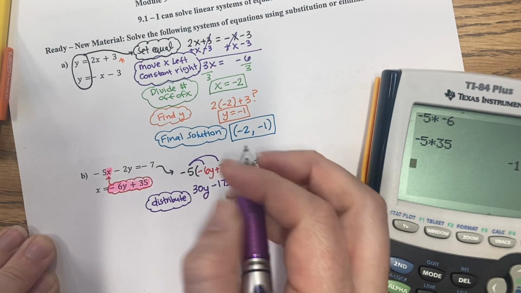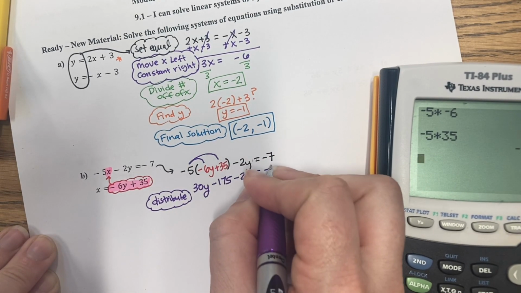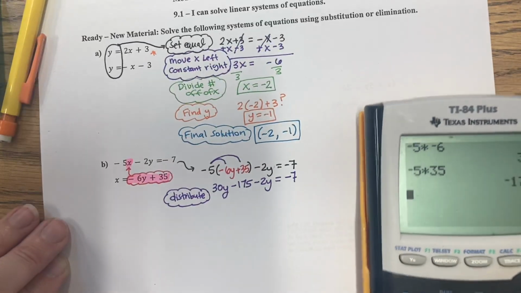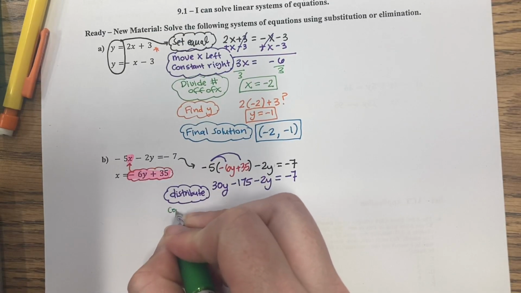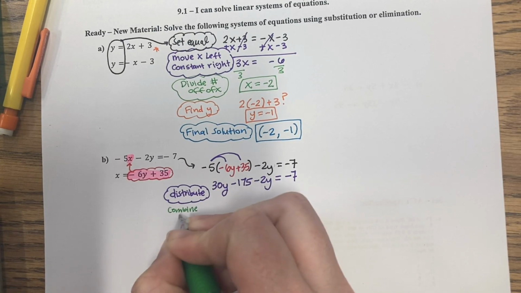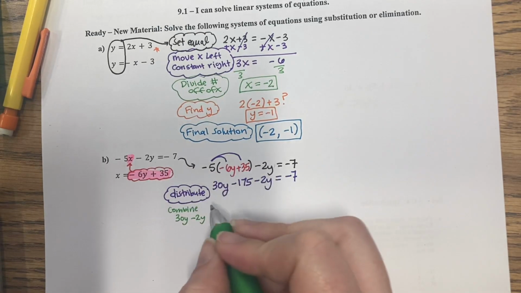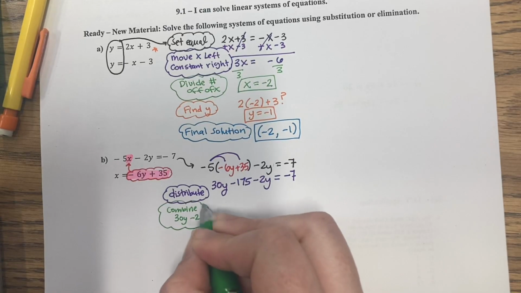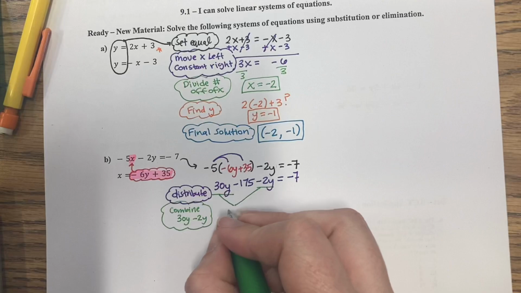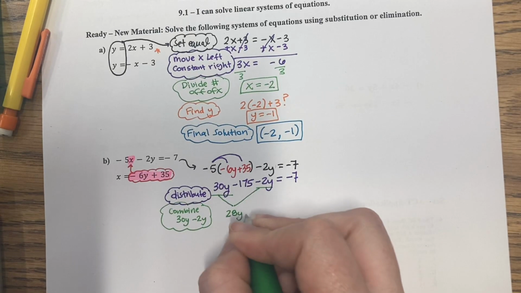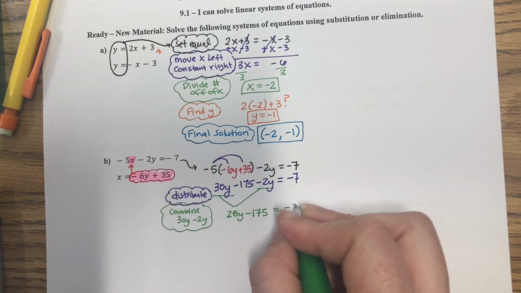And the 5 doesn't get to multiply on because the parentheses end. So these will stay the same. Combine the 30y and the minus 2y together. 30 minus 2 makes positive 28y minus the 175 equals negative 7.